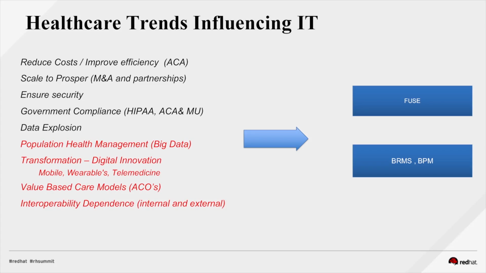You've got to get data from all kinds of points, and the only way you're going to get that data is from interoperability. There's a transformation happening with digital innovation, things like wearables, things like telemedicine, even things like genomics. This is starting to come about as we see more and more of that happen. Again, that's going to be part of the interoperability equation too.